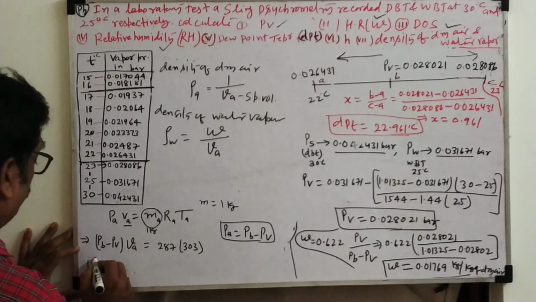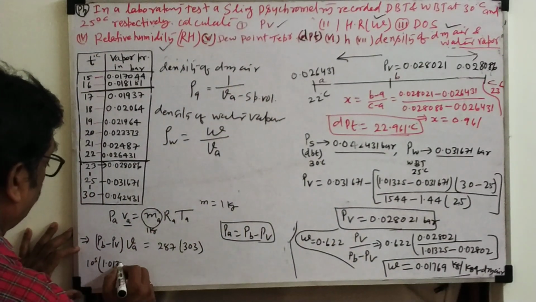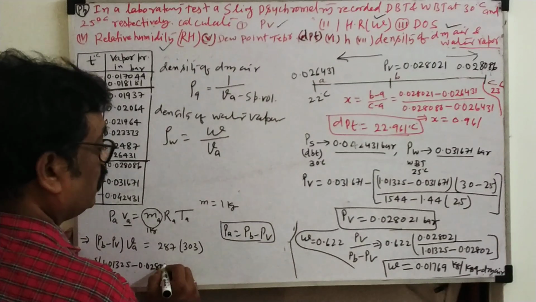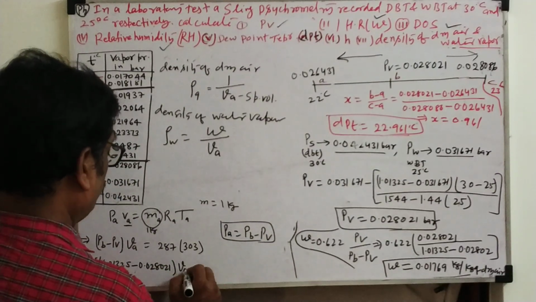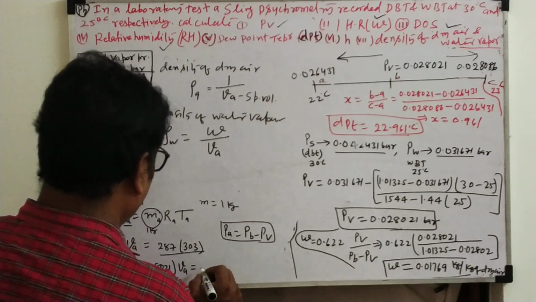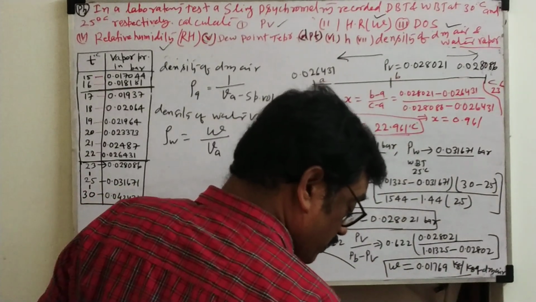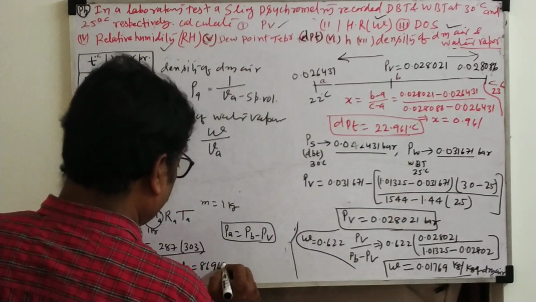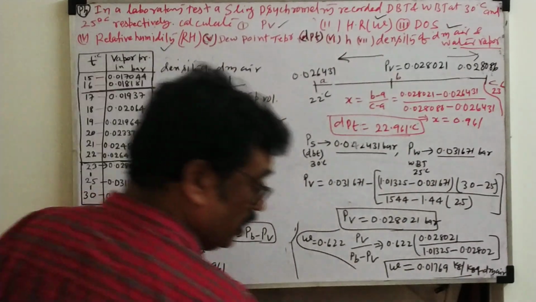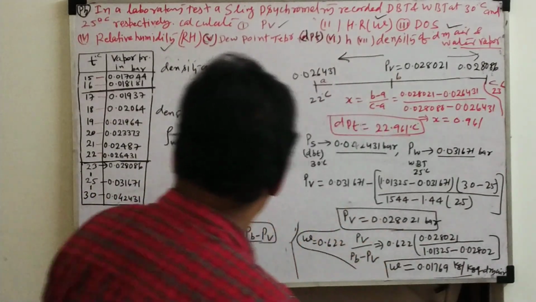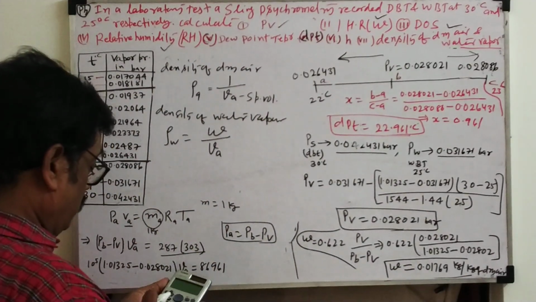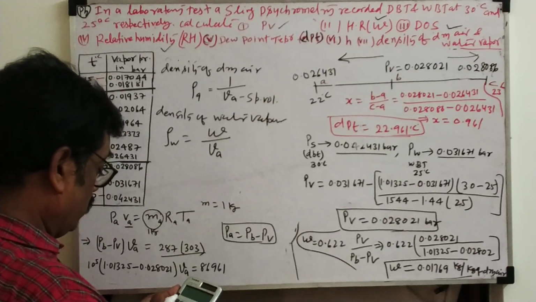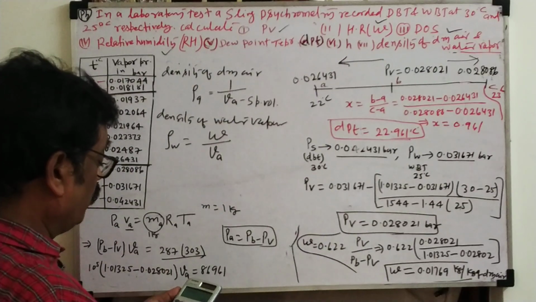The barometric pressure PB will be somewhere 1.01325 bar, so 10 power 5 you will take common, minus the PV value, 0.028021, the specific volume. If you calculate this, it comes to 86961. And 287 into 303, if you calculate this value, it is coming correct.